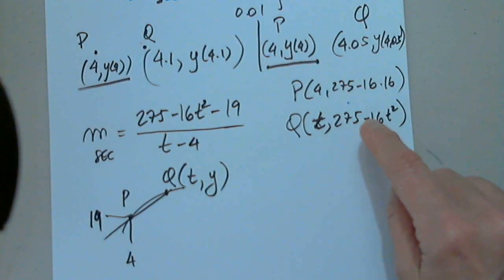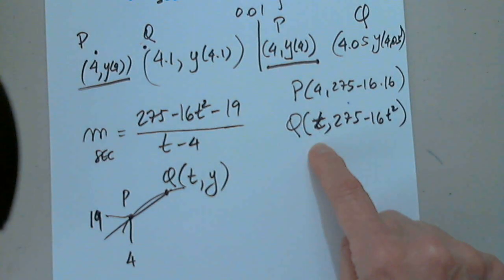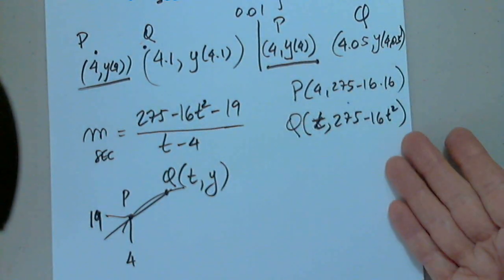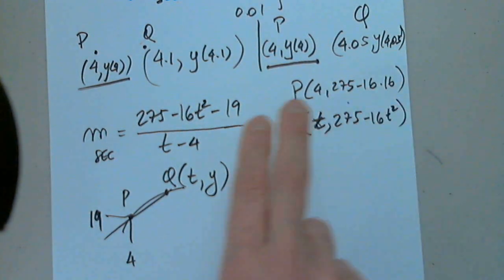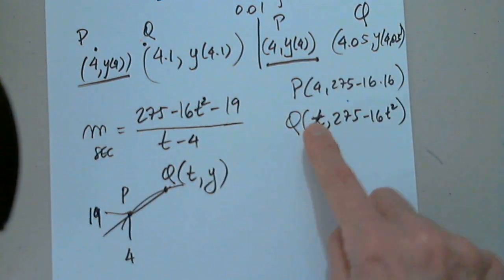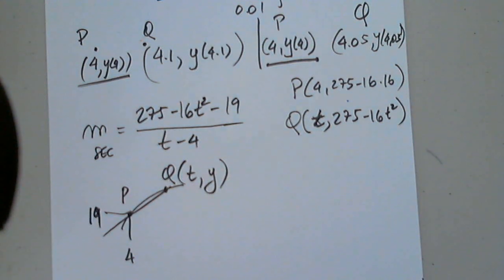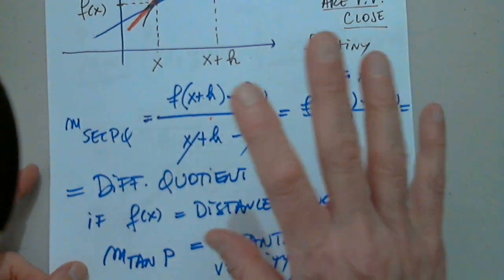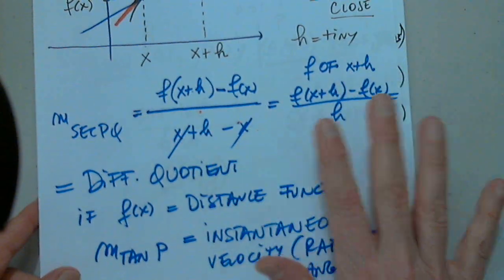So it's y2 minus y1 over x2 minus x1. I have 2 points: y2 minus 19 over x2 minus 4. Is that clear? So I know it looks different, but it's the same formula that we applied 3 times.